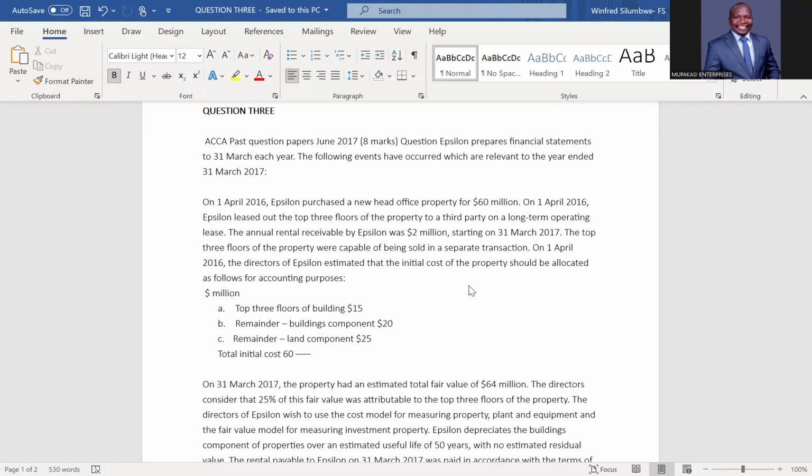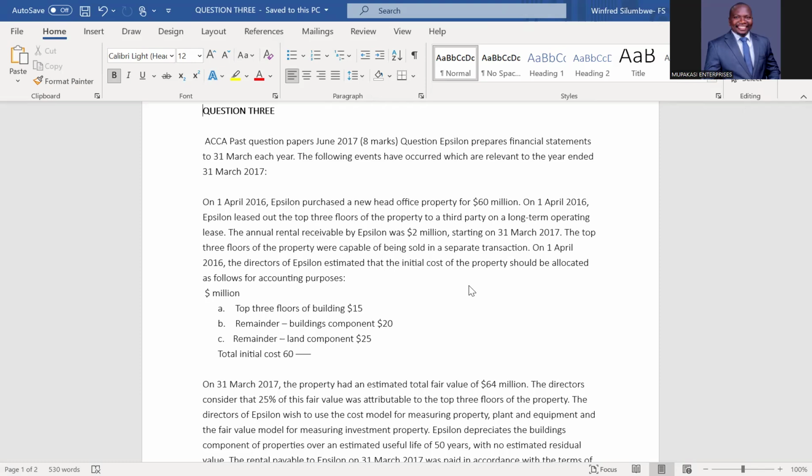On 1st April 2016, Epsilon purchased a new head office property for 60 million US dollars. On the same day, Epsilon leased out the top 3 floors of the property to a third party on a long-term operating lease. Mark the words operating lease. The annual rental receivable by Epsilon was 2 million starting on 31st March 2017.